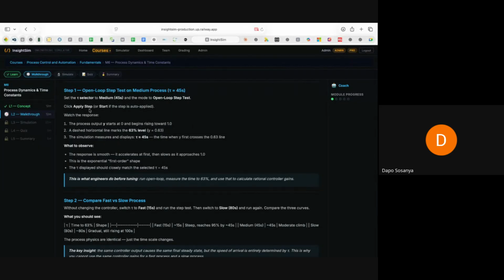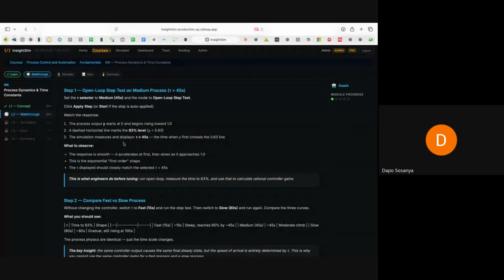So you click apply step, or start if the step is auto applied, and watch the response. The process output Y starts at 0 and begins rising towards 1.0. A dashed horizontal line marks the 63% level. That is Y equals 0.63. The simulation measures and displays the time constant, which is approximately 45 seconds.